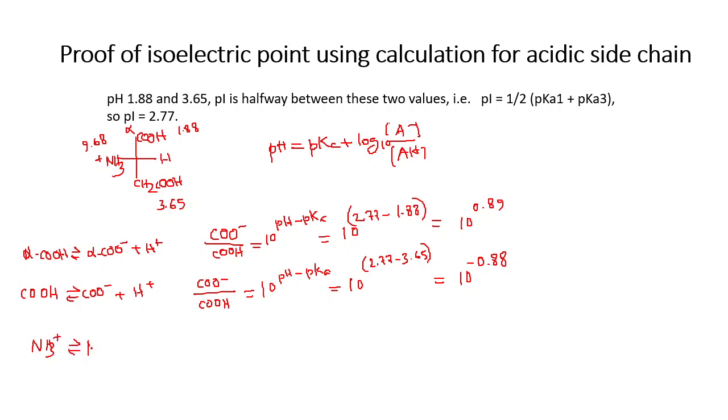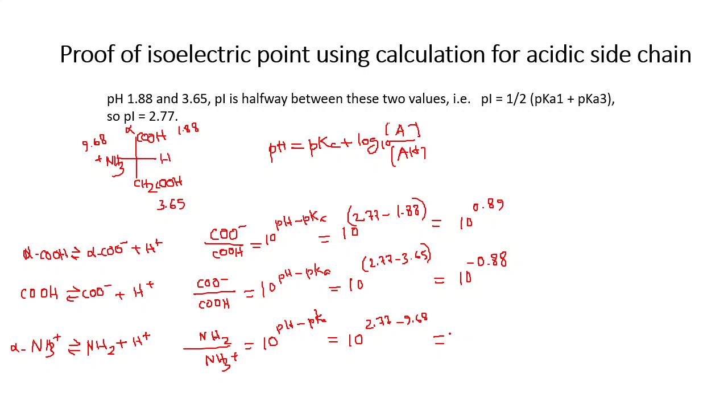Okay, and the NH3 plus would be dissociating into NH2 plus H plus. So this should be NH2 by NH3 plus, which is 10 to the power pH minus pKa, equals 10 to the power 2.77 minus 9.68.